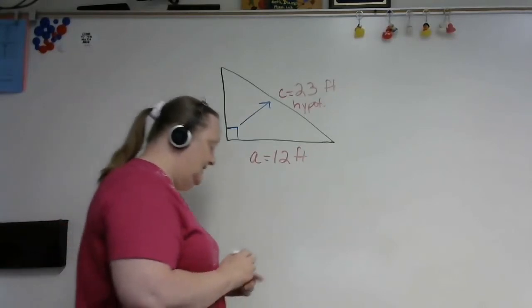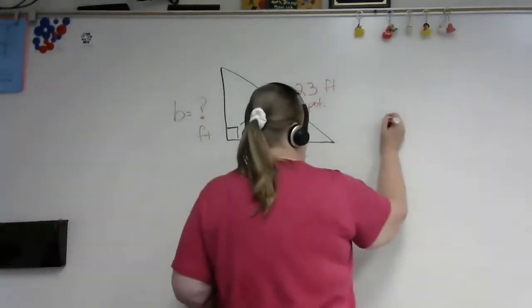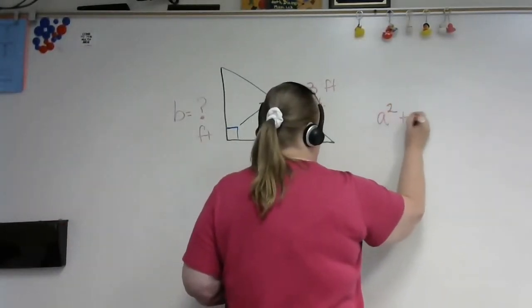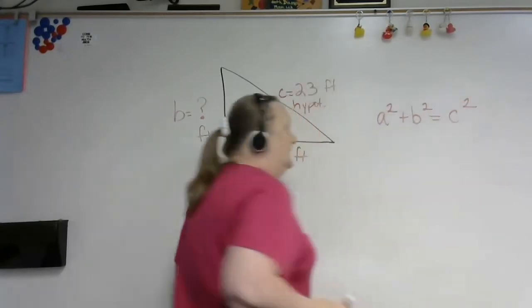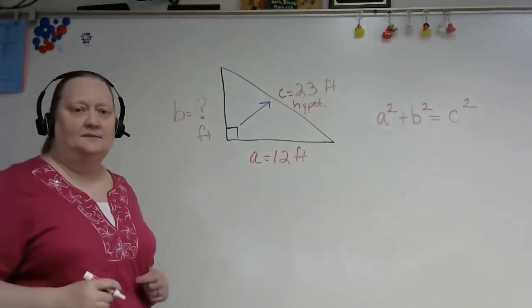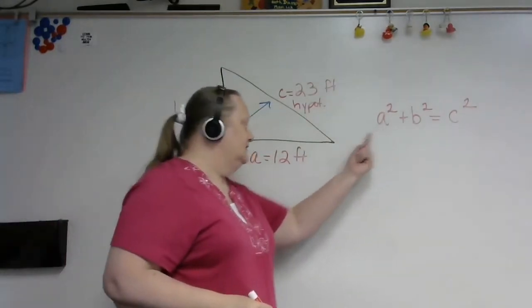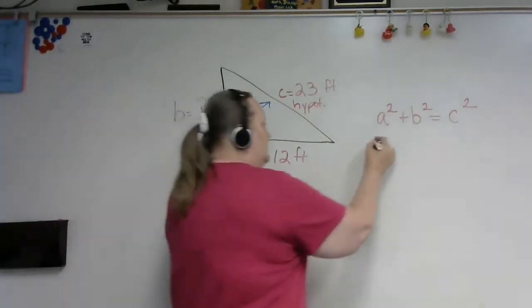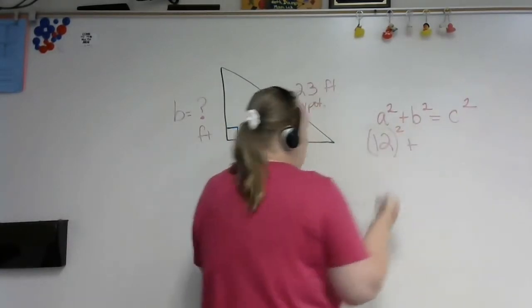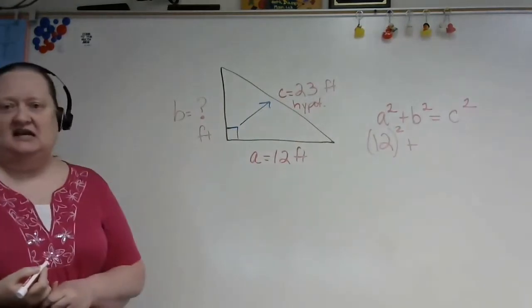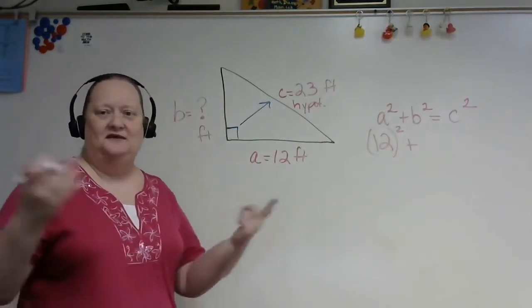And in our case, we're going to go back and write the Pythagorean theorem once again. As we substitute, we're going to do the exact same thing we did before. A squared is 12, so that's going to be 12 squared. Notice this time I put it in parentheses. It's not necessary, it just happened I started a parentheses.